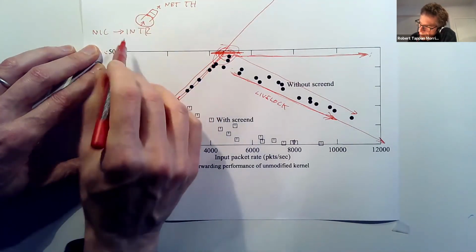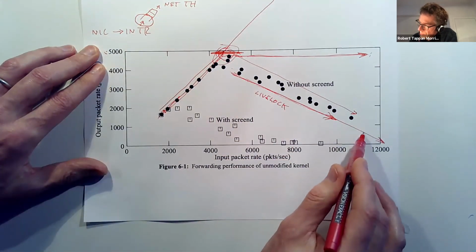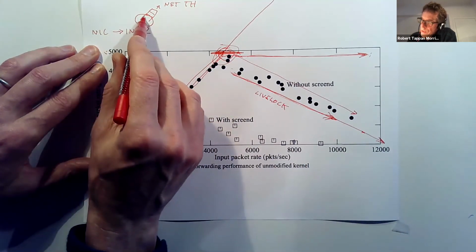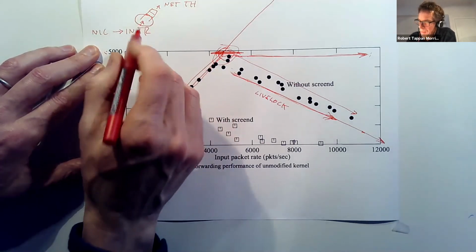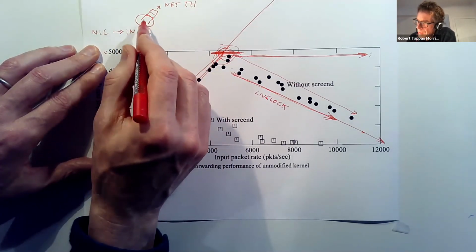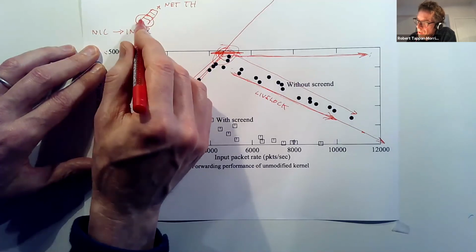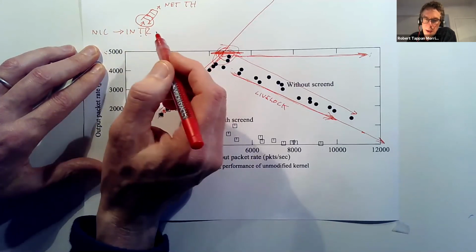What's going to happen is that once we get down here with serious live lock, the interrupt routine is going to fill this queue. There's going to be some maximum queue length here, at least all of RAM, but probably much less. And the interrupt routine is going to pull a packet off the NIC and see that this queue is already as long as it's allowed to be, and the interrupt routine will discard the packet.